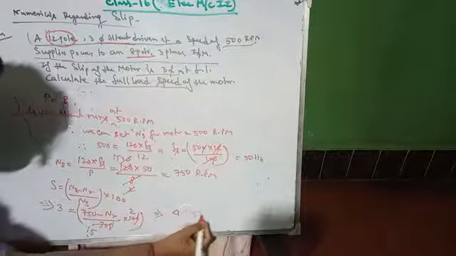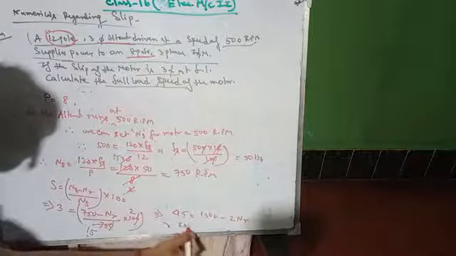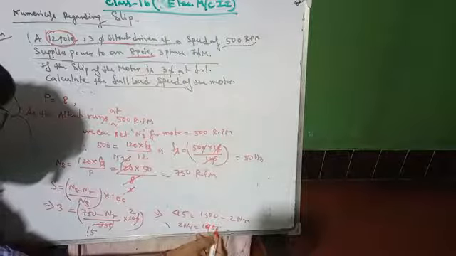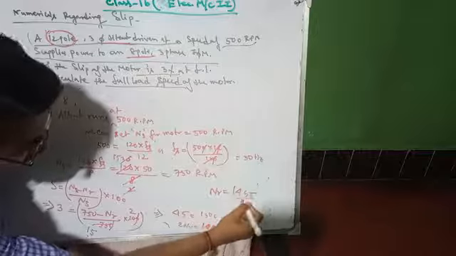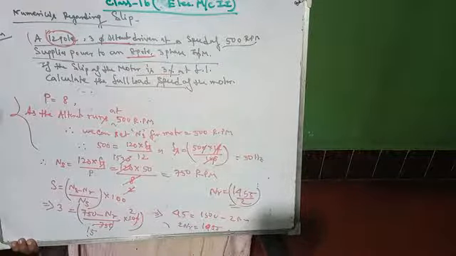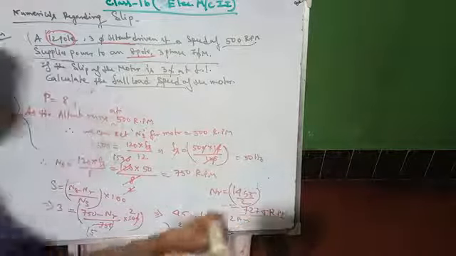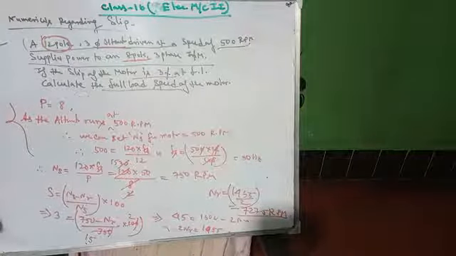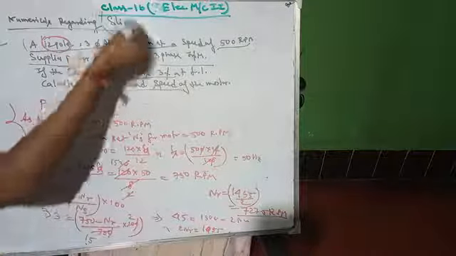So 45 equals 1500 minus 2Nr, so 2Nr equals 1455. So Nr equals 1455 by 2, which is around 727.5 rpm. Okay, this type of question is very easy, and it is basically asked depending on the slip concept.